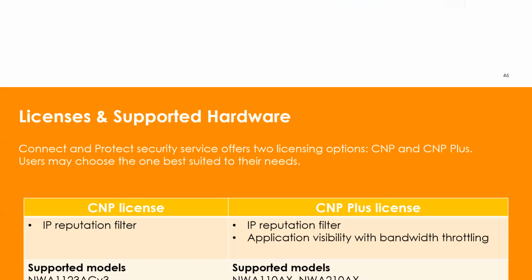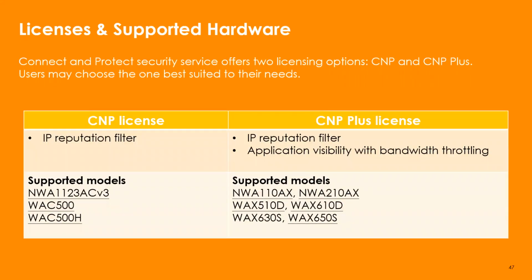So there's two versions of it out there. Depending on the access point you are using, the regular CNP works on our NWA1123-ACv3, our WAC500, and the WAC500H. And then we offer CNP Plus licenses, which offer that same IP reputation filter. They also give you the ability to do bandwidth rules based on individual applications.